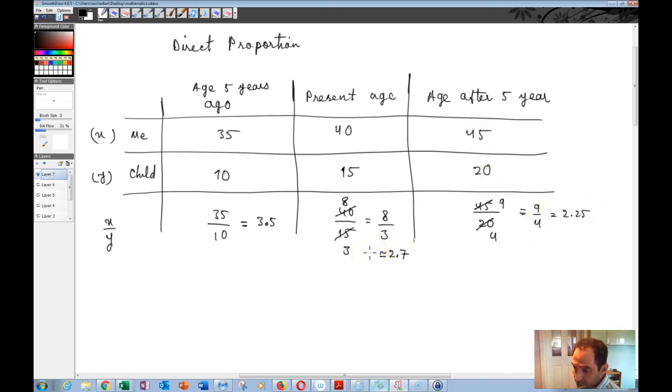So age is one of those things that, if you take it between two different people, doesn't change proportionally. It changes with time, of course, but not in direct proportion.